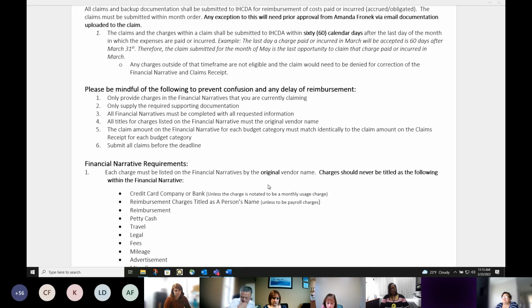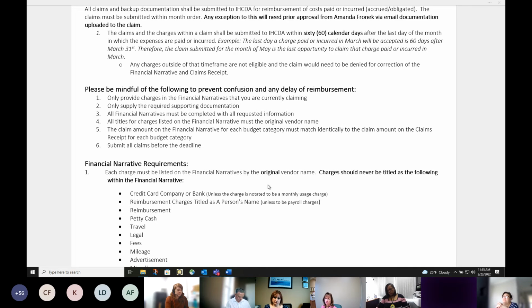Only supply the required supporting documentation. All we need is one invoice or one canceled check. We don't need 5 invoices for one charge. Sometimes we get so many documents that it takes longer to review that claim. It can even cause confusion.